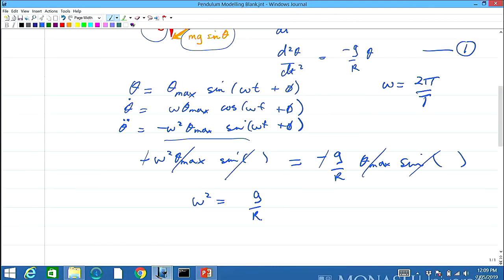All right, so that's nice. We can relate that to our period. So we've got the square root of g on R, and if you substitute your 2 pi on T, you can then work through.